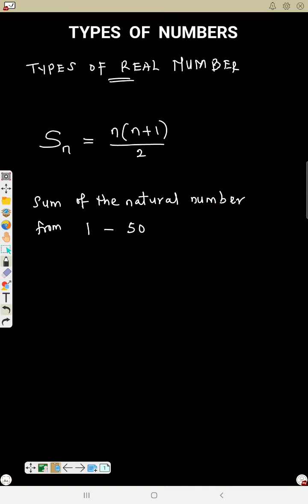So how can I sum? That is 1 plus 2 plus 3 plus 4 plus 5 up to 50. So how can I sum this?